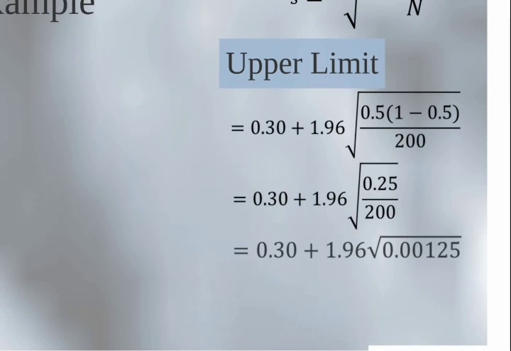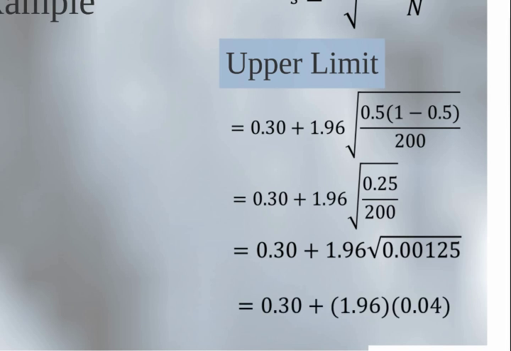As you can see, it's very similar to calculating the score for a sample mean, right? We're just using slightly different numbers and a slightly different equation, but we can still calculate everything on the right-hand side of the plus sign and follow it all the way through. This last equation is exactly like the last equation on the lower limit, except instead of a plus there, we have a minus. So it's just a little shortcut you can take.